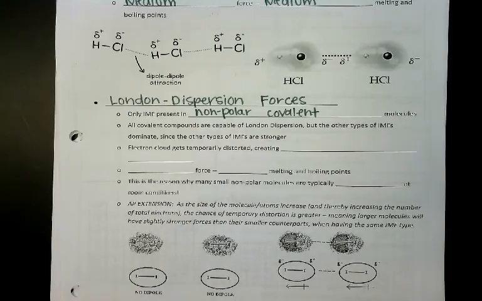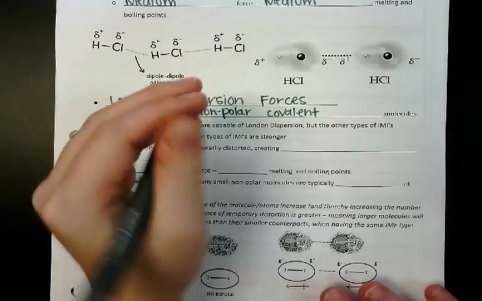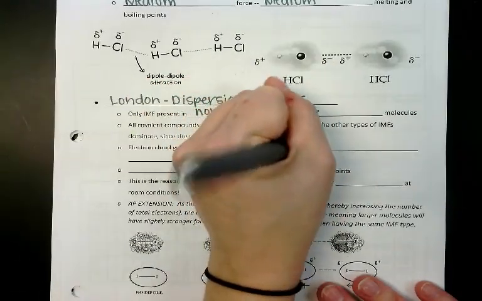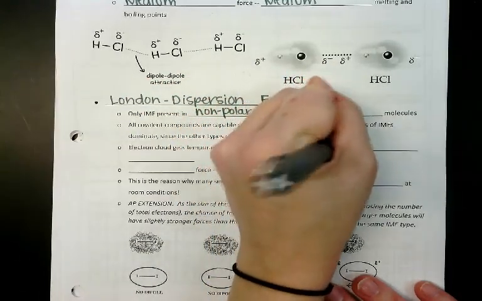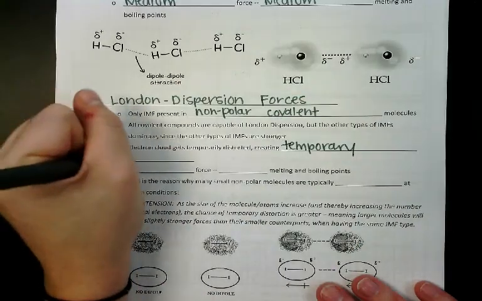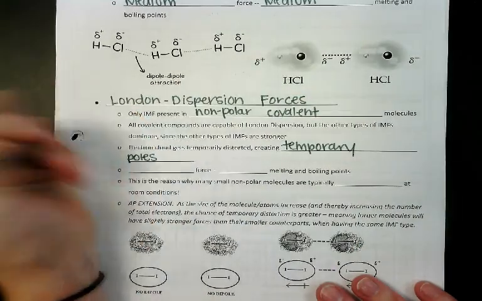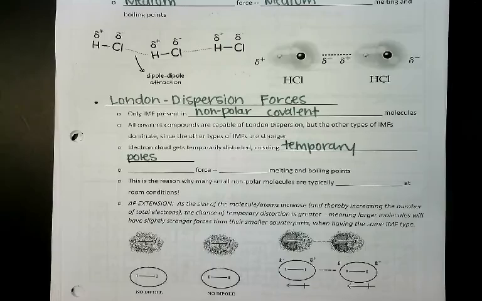So the electron cloud gets temporarily distorted, creating temporary poles. So what happens? Electrons, are they just sitting in the atom? Are they just chilling? No, electrons are moving, right? Electrons are constantly moving around that molecule.